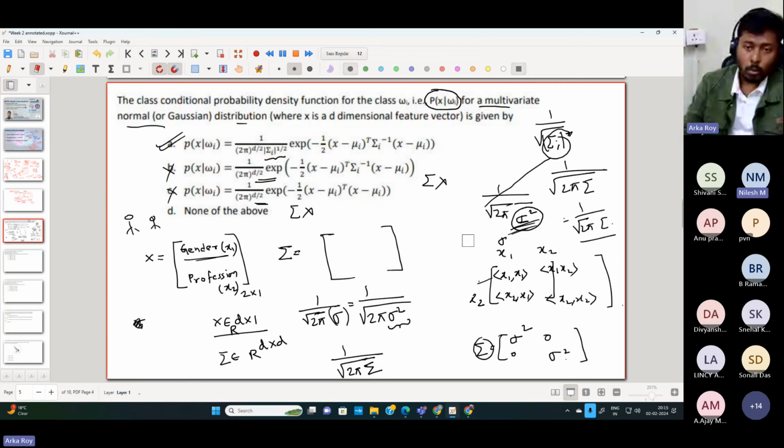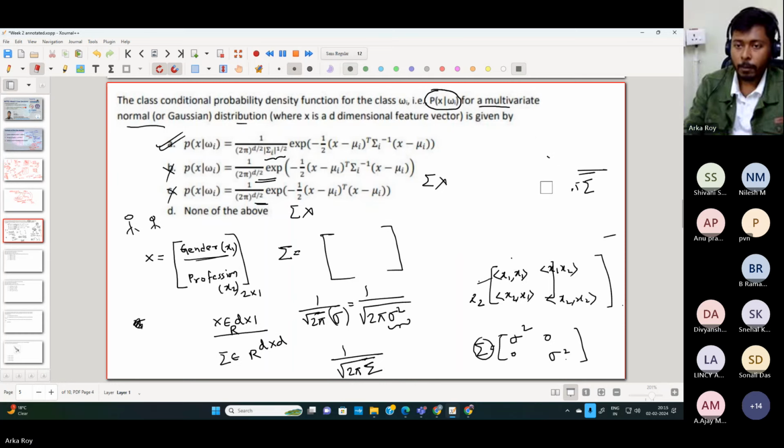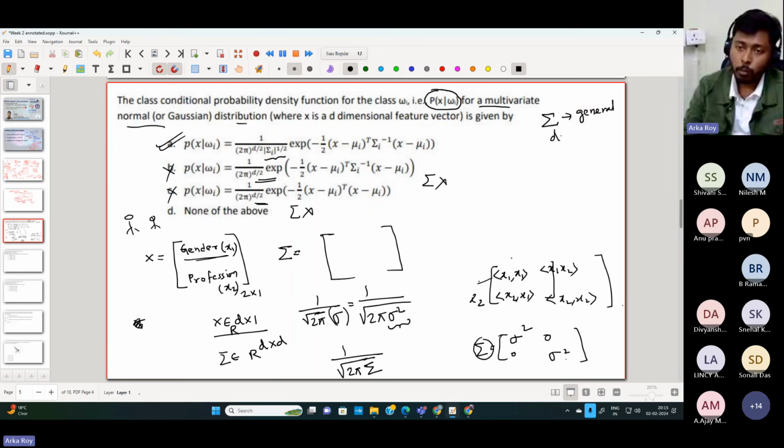So actually what is happening? Let us consider this capital sigma is a generalized case. By mathematical induction, if it is valid for d cross d, then it will be valid for d cross 1, that means multivariate, and it will also be valid for 1 cross 1, univariate.